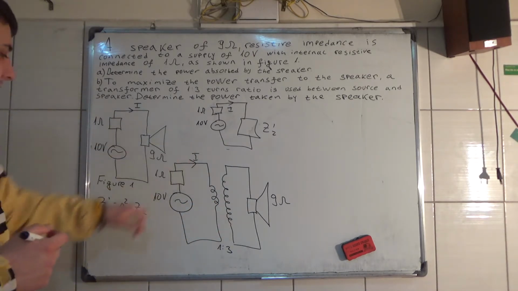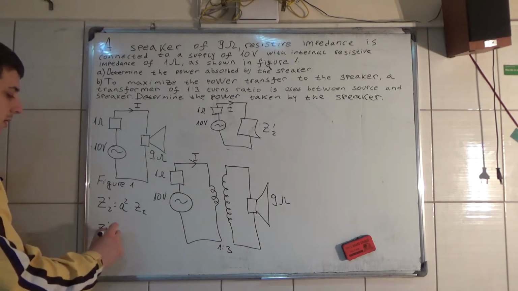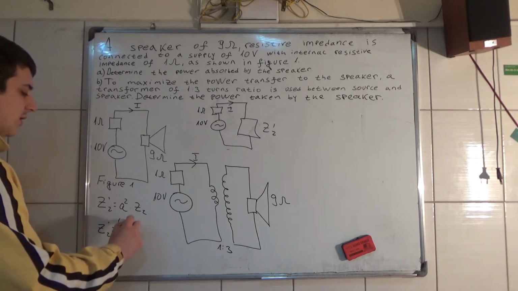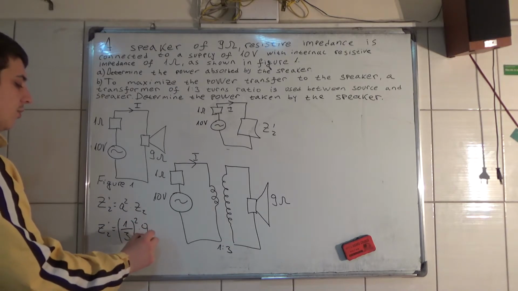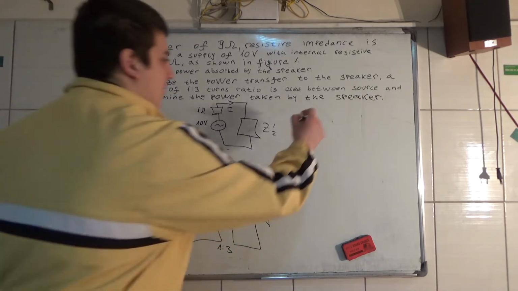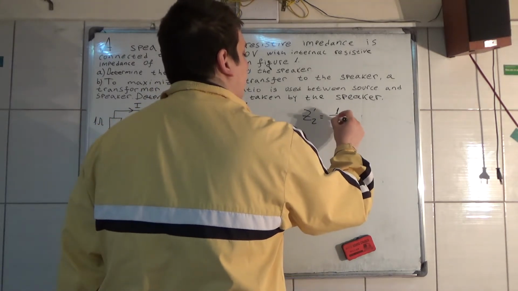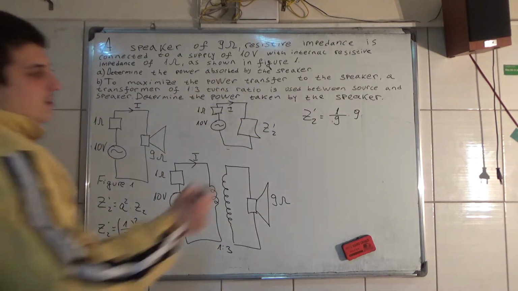So now let's calculate. Z2 prime is equal to 1 divided by 3, all that squared, times the resistance of the speaker, that is 9 ohms. So Z2 prime is equal to 1 divided by 9 times 9 ohms.